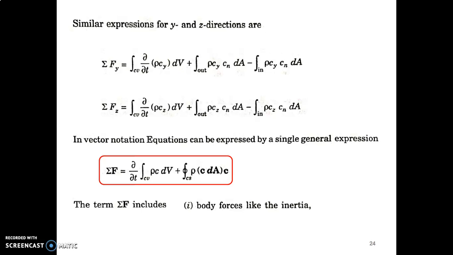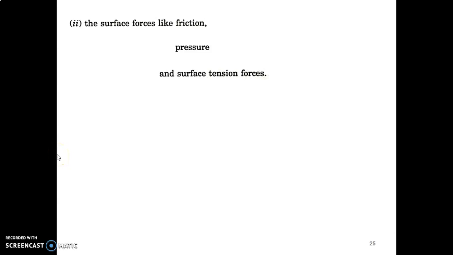For that purpose, we need to consider what forces this ΣF comprises. The total force includes body forces, like inertia, gravitational force and electromagnetic force. And surface forces will be friction, pressure and surface tension forces.